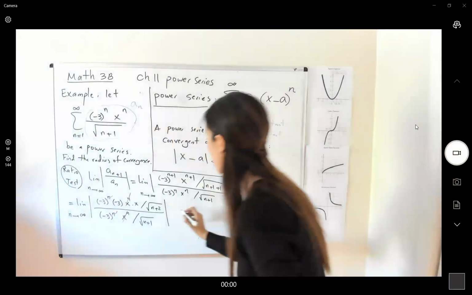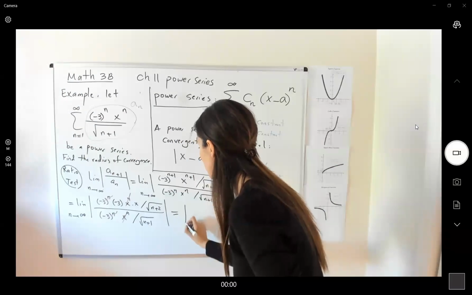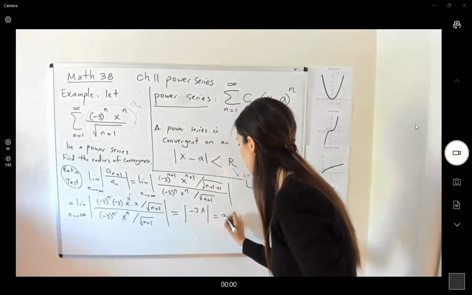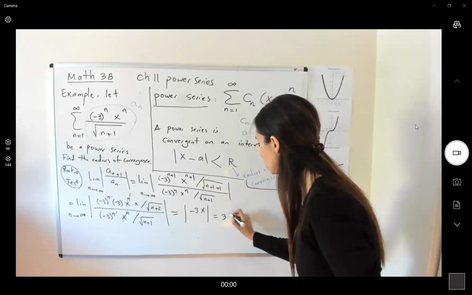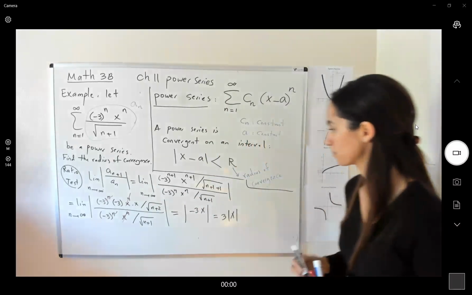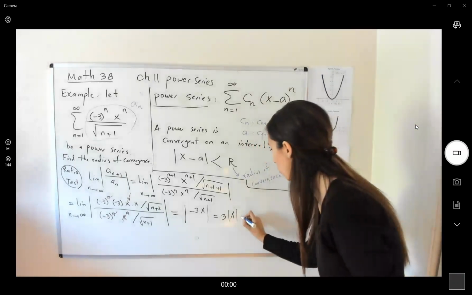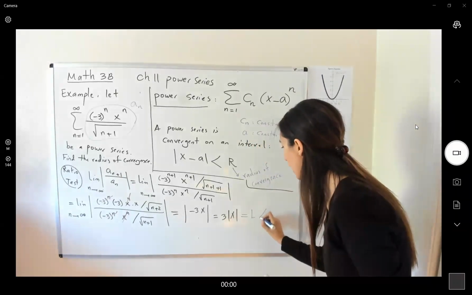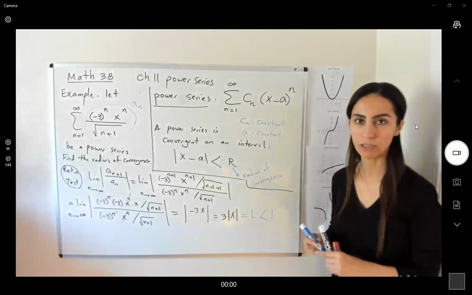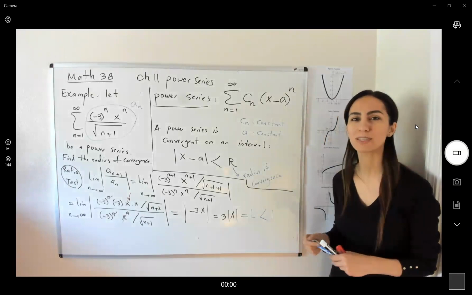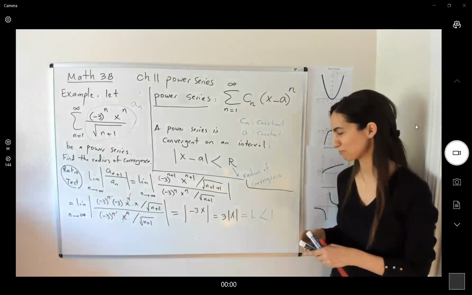So this is equal to the absolute value of -3 times x, which is 3 times the absolute value of x. This is your L. The whole thing is equal to L. And if L is less than 1, based on the ratio test, we know that we have an absolutely convergent series.